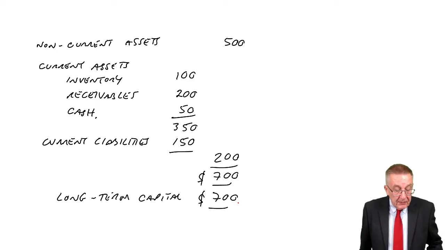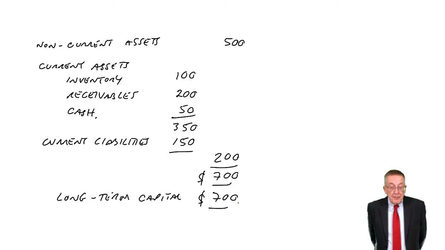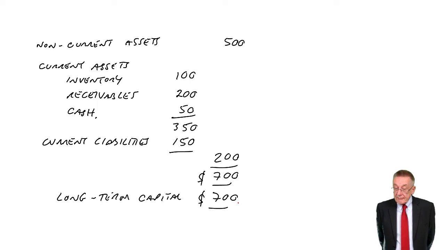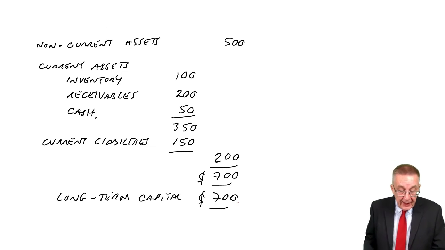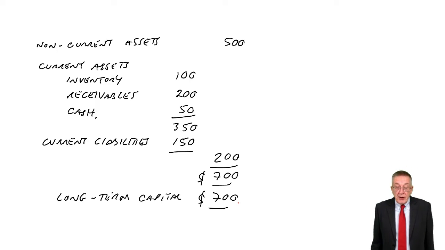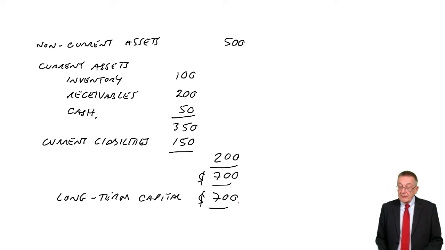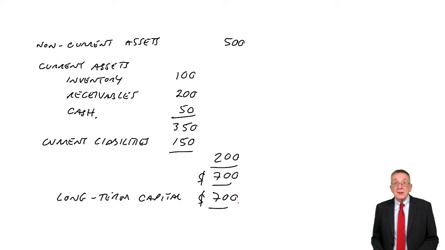All right, look at the bit at the bottom of the illustration. The company intends to double in size over the next year. So they intend to grow the company, and in order to do that, they're going to raise 500 for long-term capital and invest it all in non-current assets. It seems perfectly sensible.